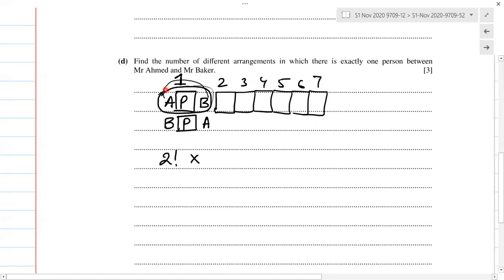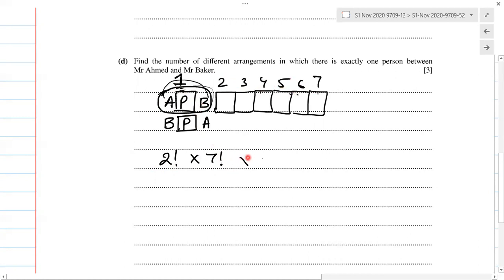Now these 7 blocks can change their positions. So that's 7 factorial. And that's 7 factorial, where this block number 1 can come in the first place, in the second place, third place, fourth place, fifth place, sixth place, seventh place.